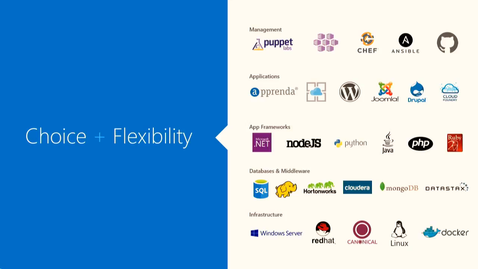We've got some really great Microsoft first-party tools like Visual Studio Team Services and Windows Server and .NET, etc. But we understand a lot of people don't use Microsoft technologies for particular components in their stack, or maybe their whole stack. And we not only want to support that workload on Azure, but we want to make it run really great.